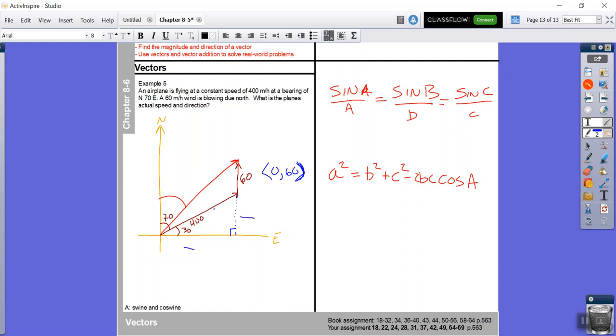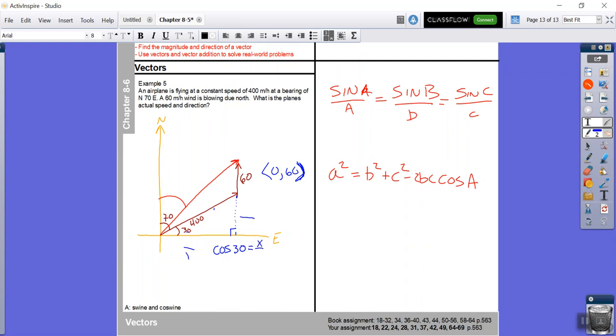So if I know this angle right here is 30 degrees, that means that for the horizontal component, the cosine of 30 has to equal something, x.